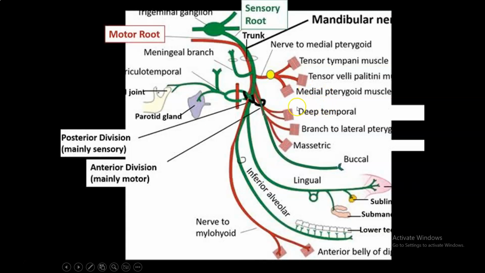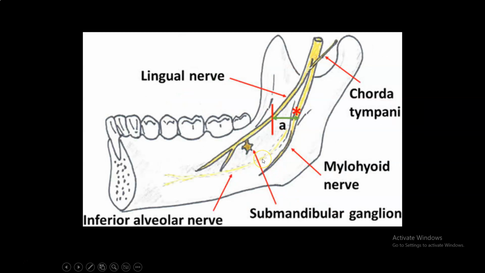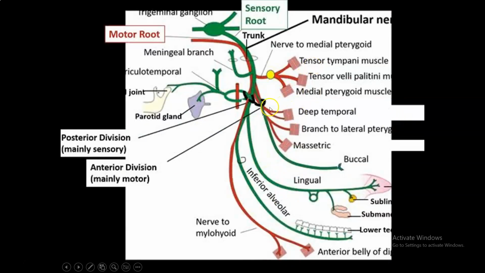So it gives the temporalis, the lateral pterygoid, and the masseter. Then it continues as a sensory nerve, the buccal nerve, supplying the skin of the anterior part of the cheek, the buccal mucosa, and part of the gums opposite the second and third molar teeth. It's not important. It's just supplying the cheek and its skin anteriorly and the buccal mucosa. This is the anterior division.